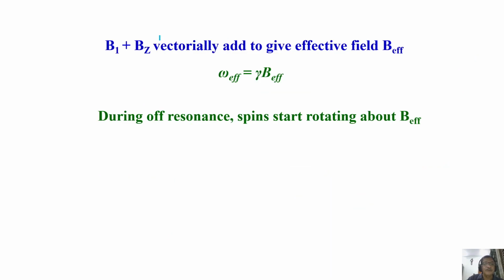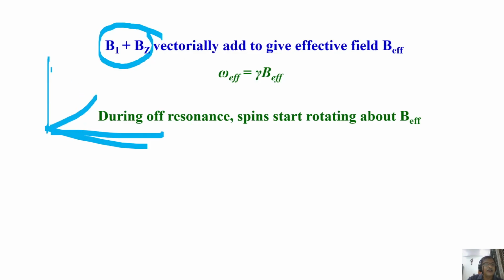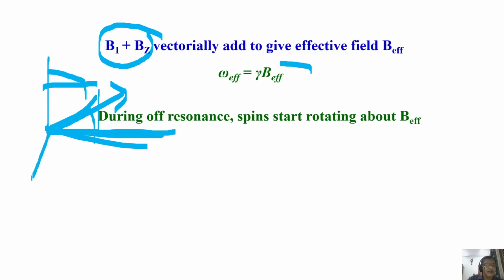In the off resonance case, vectorially you now take the addition. Instead of being exactly on the XY axis, it is somewhere here. You have a component along this axis and a component along this axis, and you take the vector addition to get an effective field along this axis. When it is exactly on resonance, it will be along the X axis or Y axis.